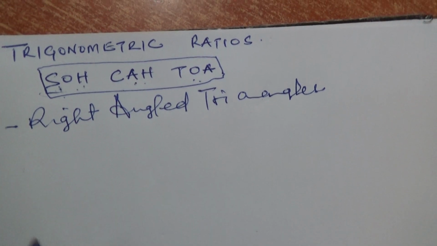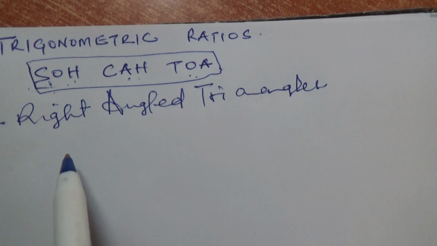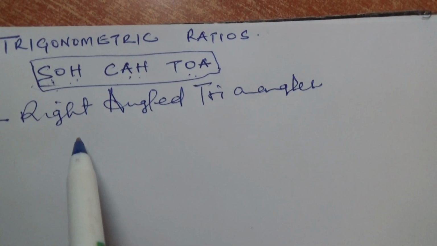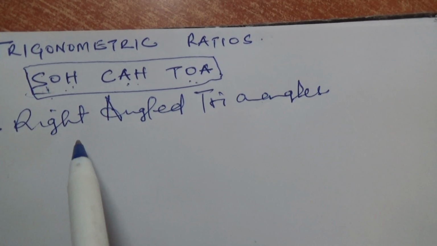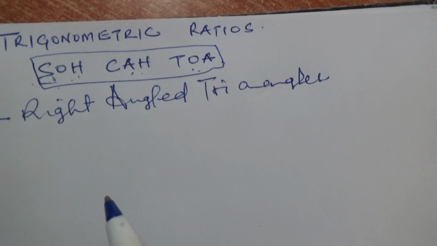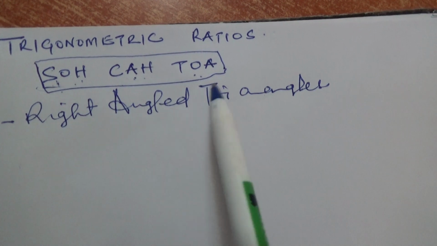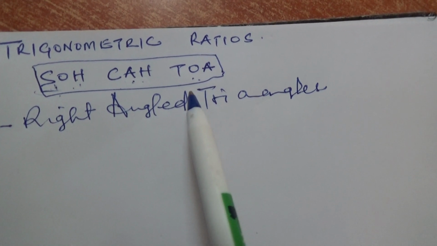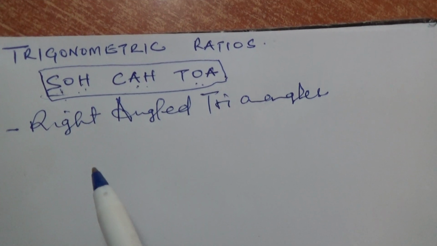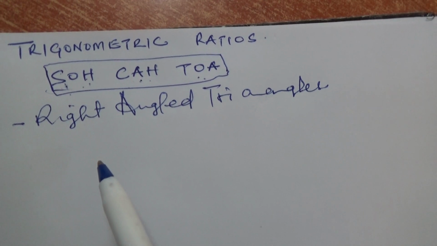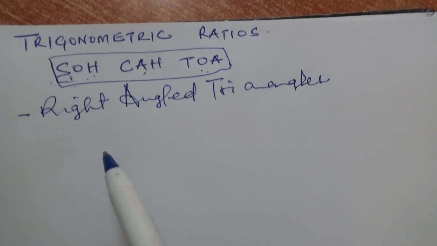All right? Like for example, we can have a triangle with different sides and different angles. We can use the SOHCAHTOA principle to determine all its sides and all its angles.